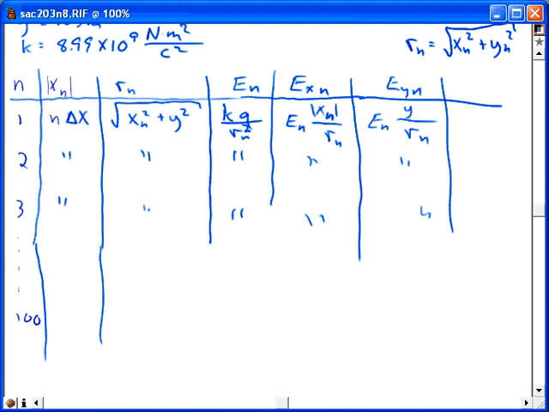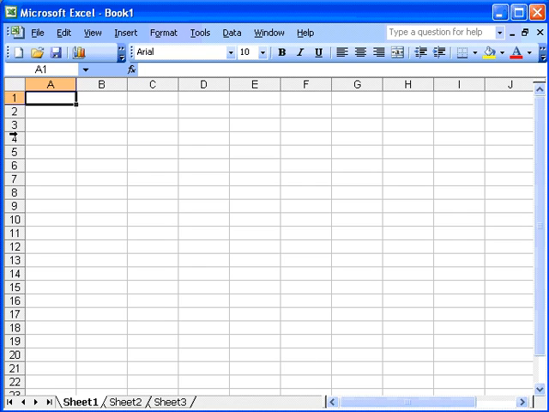Just go ahead and try copying those things in there. So I'm going to go all the way down to here. Call that E sub x. No, that was n. I'll put the titles in there: n, x sub n, r sub n, if I remember correctly.